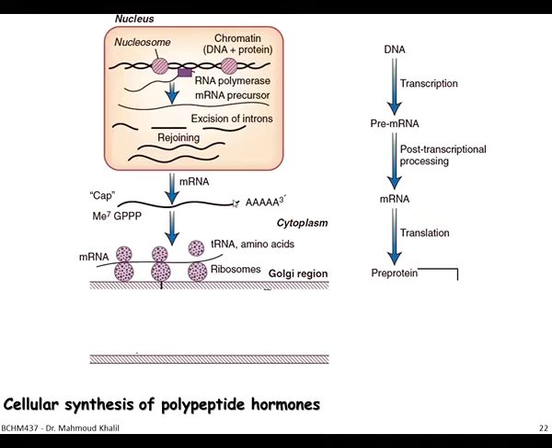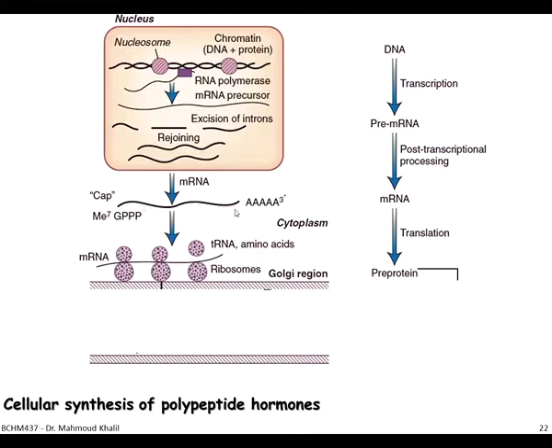And as well, the non-coding regions, called introns, will be removed before going out to the cytoplasm. So generally, there are three modifications to the messenger RNA precursor to form a functional messenger RNA: addition of the cap at the 5' end, addition of a polyadenine tail at the 3' end, together with excision of introns, which is the removal of the non-coding regions.